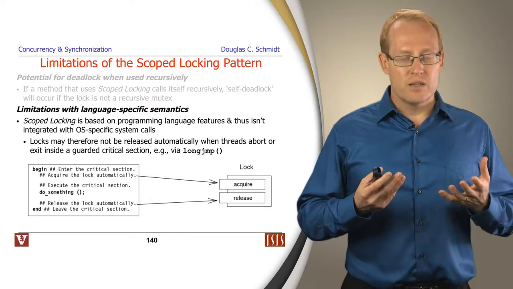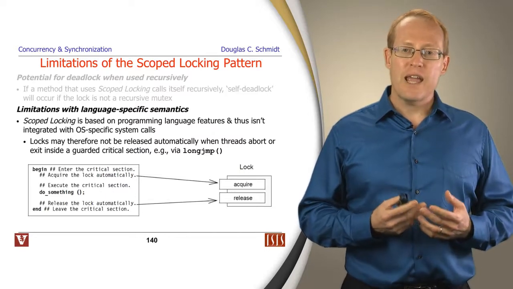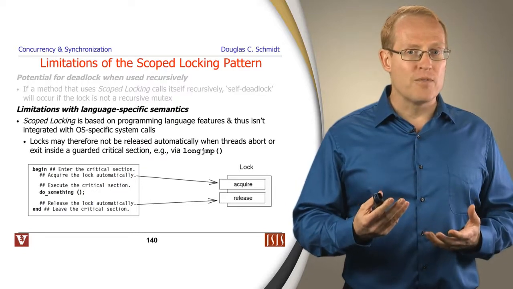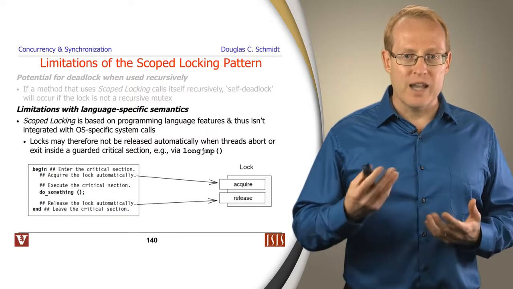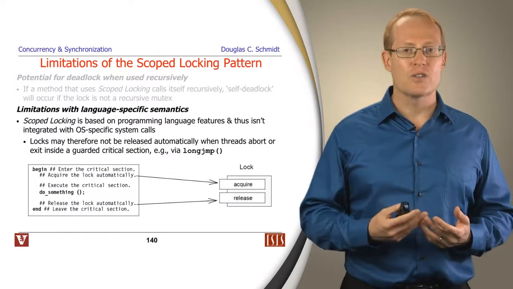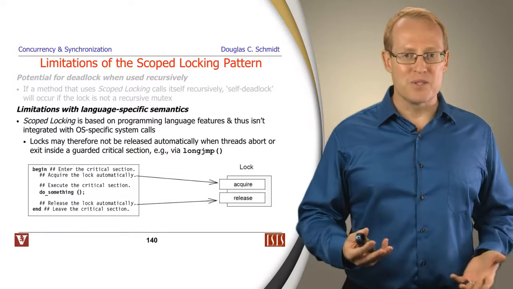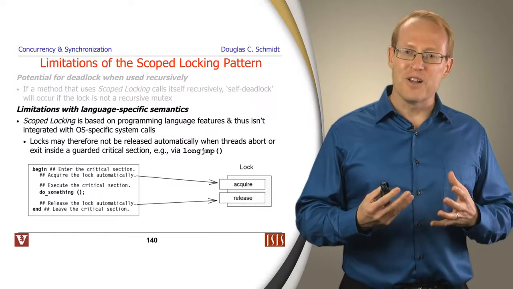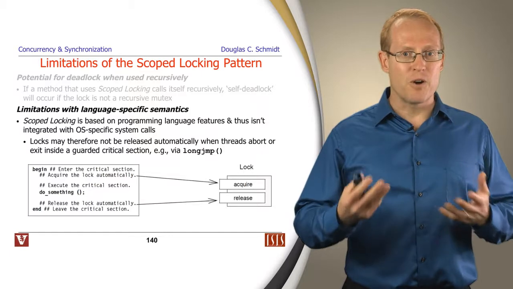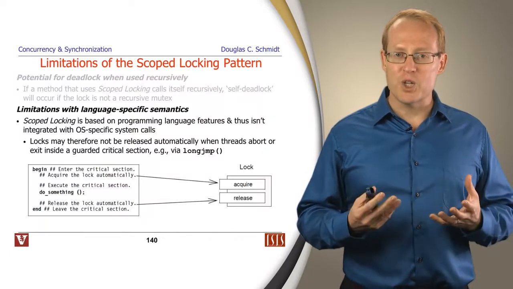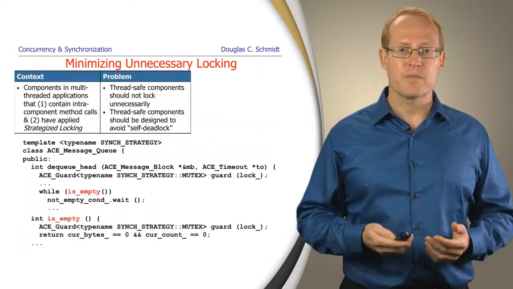We're using C++ programming language features, and while that will work for certain things, it doesn't know about low-level features that are available in the operating system to do things like exit threads by thread exit calls, or do long jumps using setjmp and longjmp mechanisms. So if you're not careful, you could still find some way to subvert the ability to release the locks automatically. But at least this gives you a fighting chance for the common case.